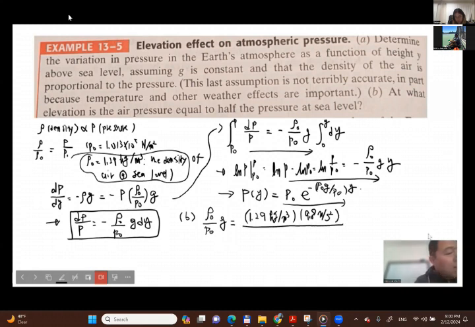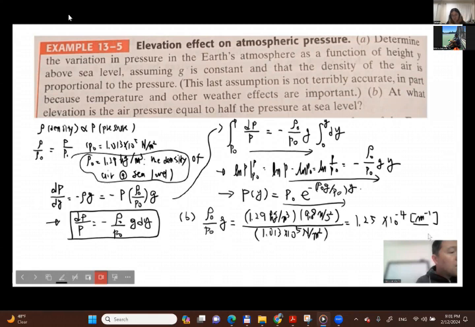And P naught is 1.013 times 10 to the 5 Newton per square meter. If you plug all the numbers into the formula, then that should be 1.25 times 10 to the minus 4 inverse meter.